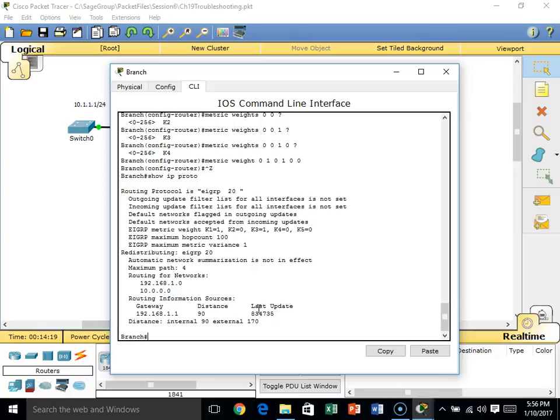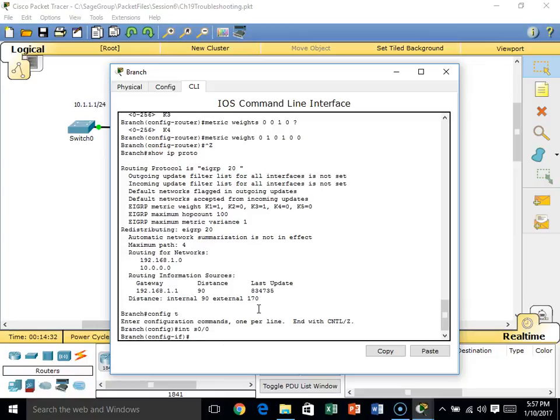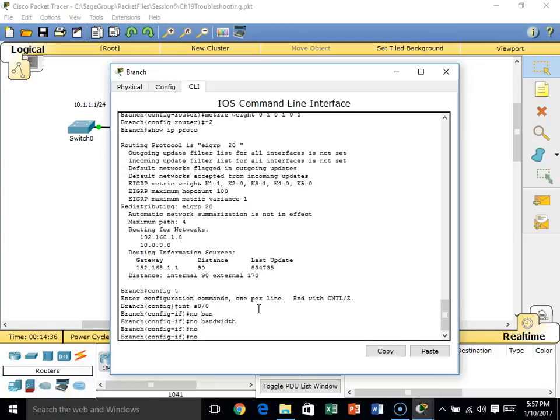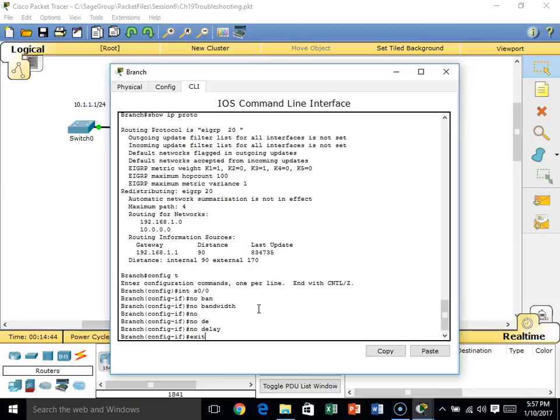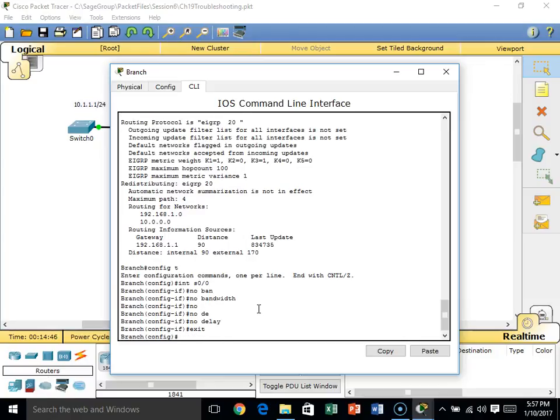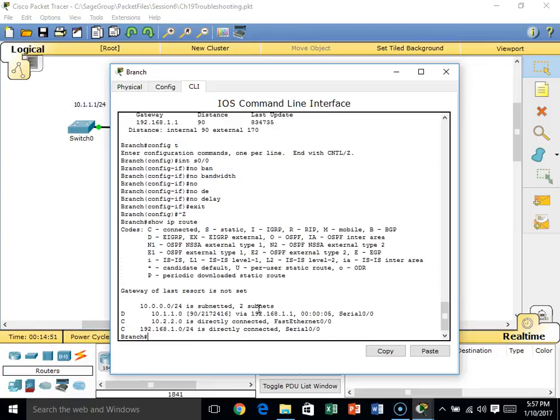We still need to fix the interface, right? Because we looked at it. We can do no bandwidth and no delay. Still don't have any adjacencies, though, do we?